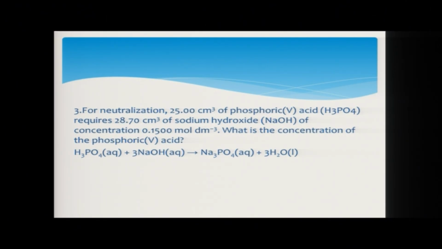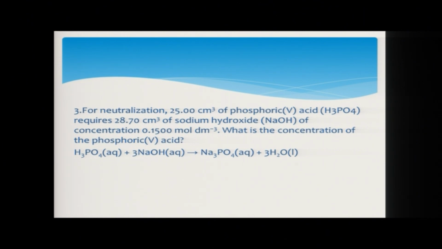For neutralization, 25 cubic centimeters of phosphoric acid required 28.7 of sodium hydroxide of concentration 0.15. So that is the concentration of sodium hydroxide.